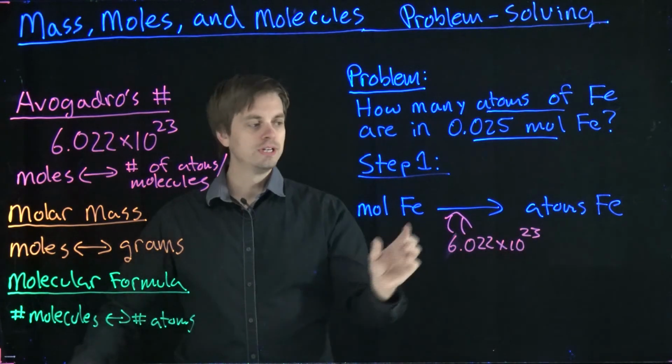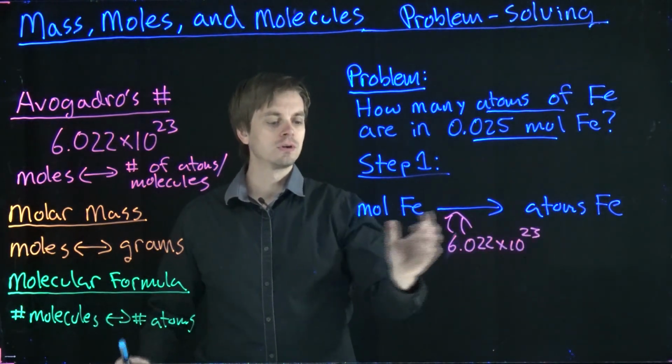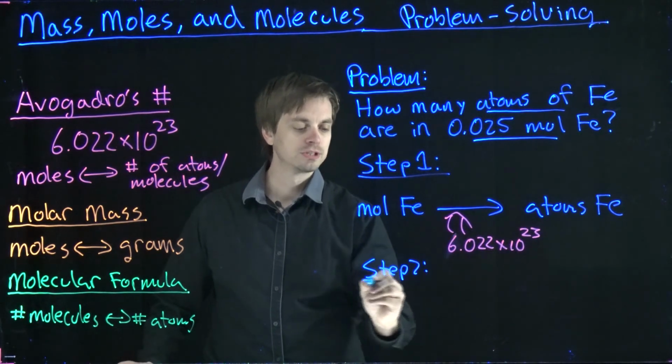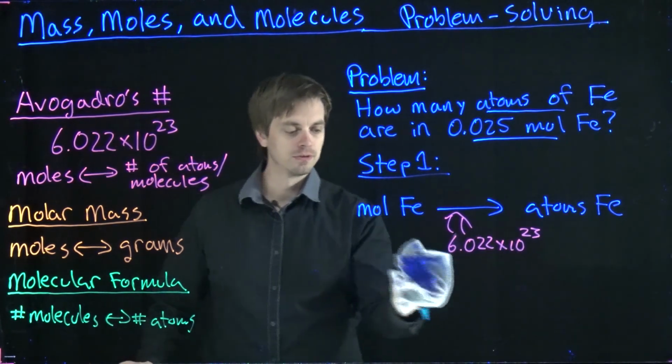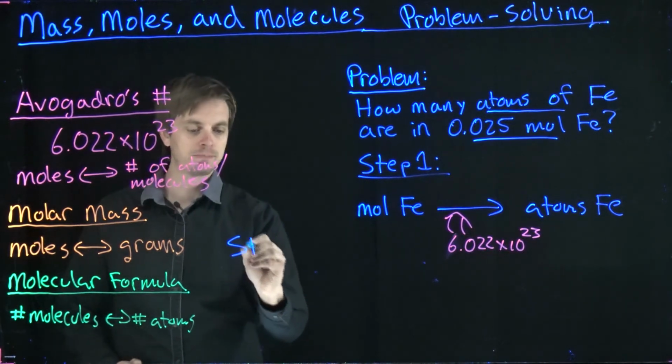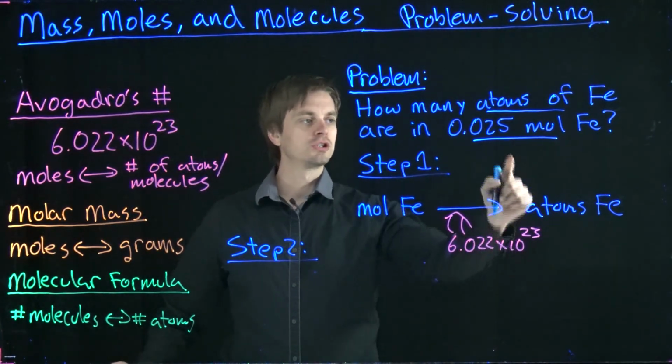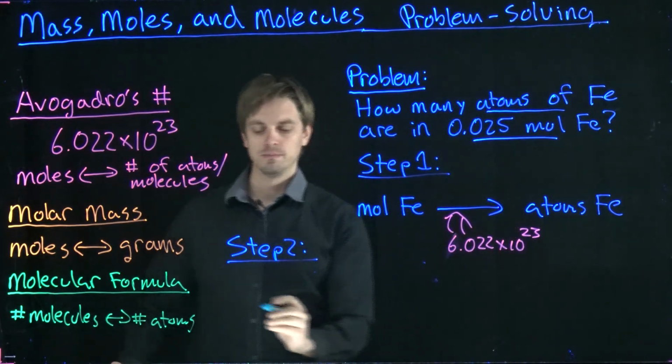Now that we know how to carry out the conversion factor, step 2 is to actually perform the conversion. Okay? So in step 2 here, actually I'm going to give myself a little bit more room. We'll start over here, step 2. In step 2, we're going to start off with the given quantity.